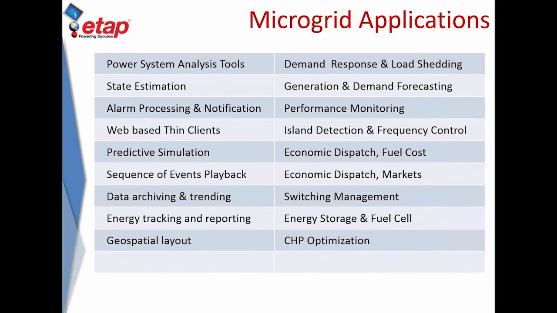So when we look at the microgrid application portfolio, there's many applications here. The ones that we'll be looking at are predominantly island detection and frequency control. We'll be looking at economic dispatch and essentially unit commitment.